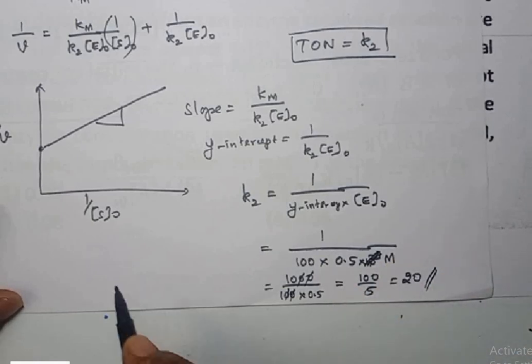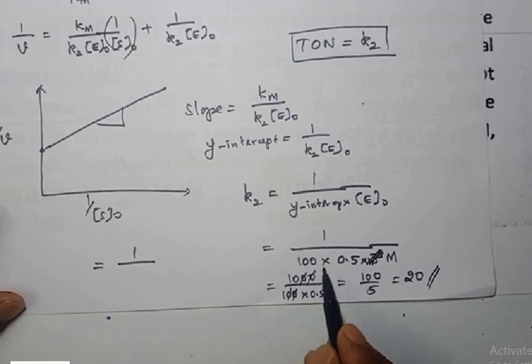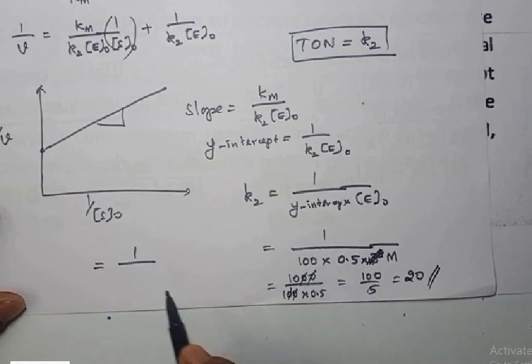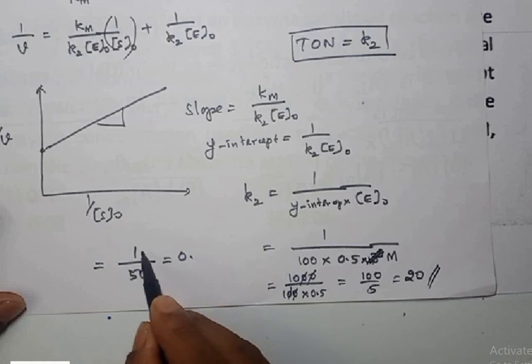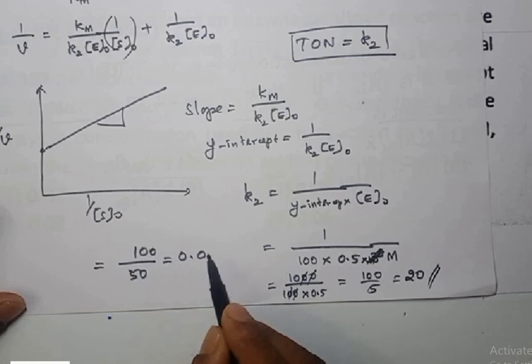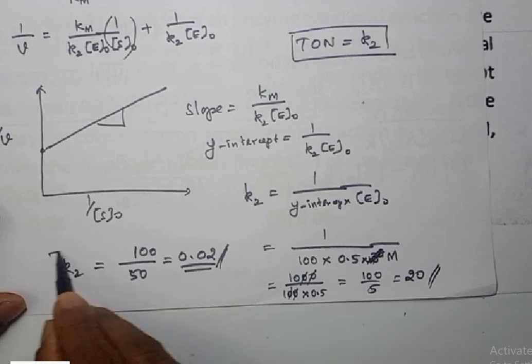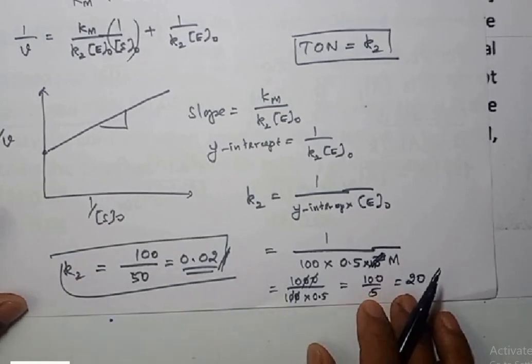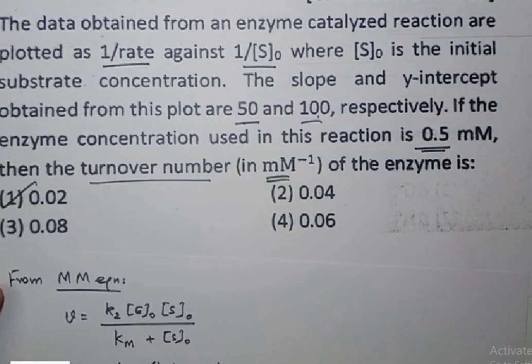So what we get is 1 by, we multiply this, you get 50, 1 by 50. So what is 1 by 50? It is 0.02. This is the value of K2. So the correct option for this question is option A, turnover number.